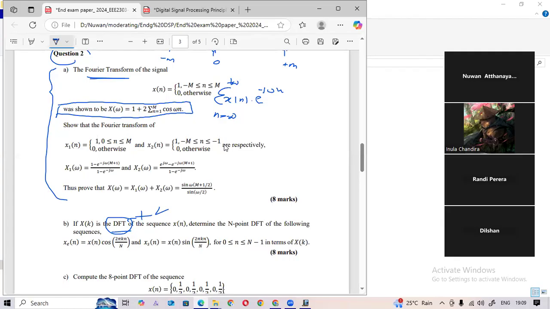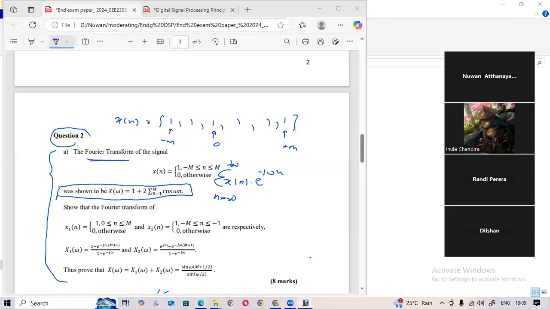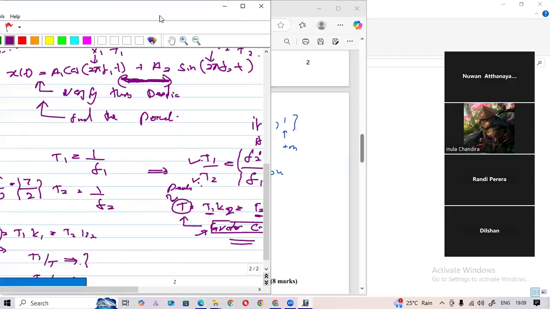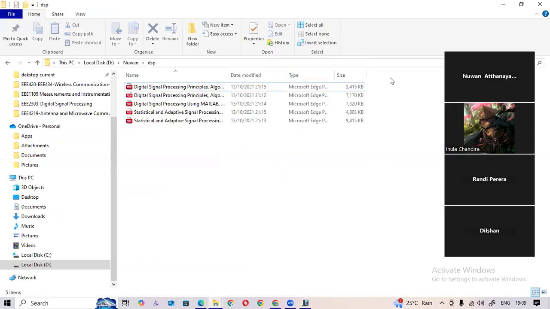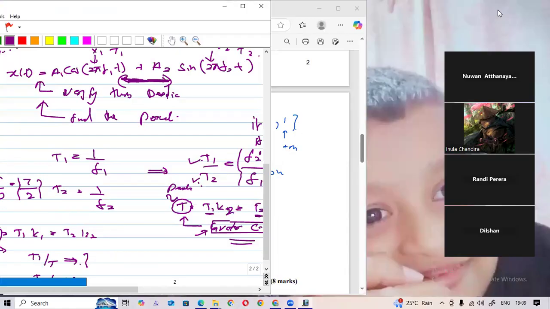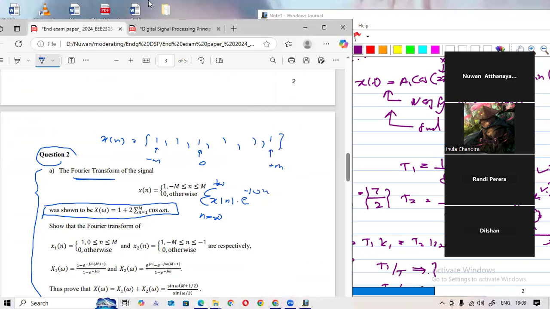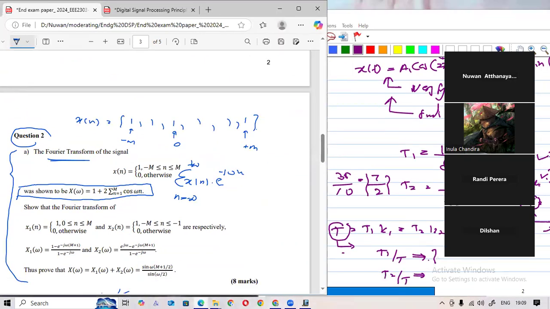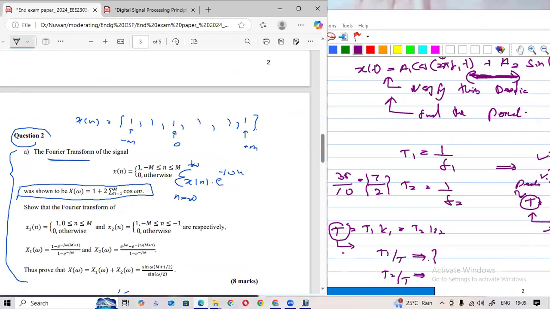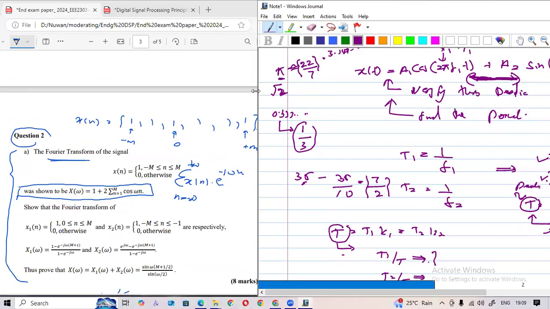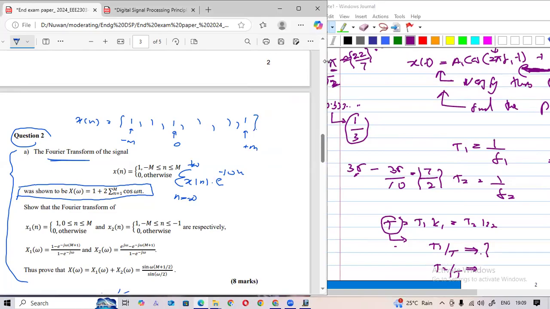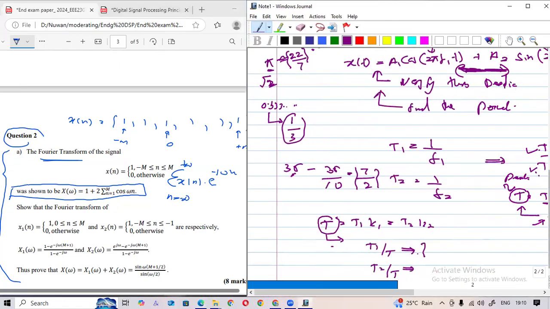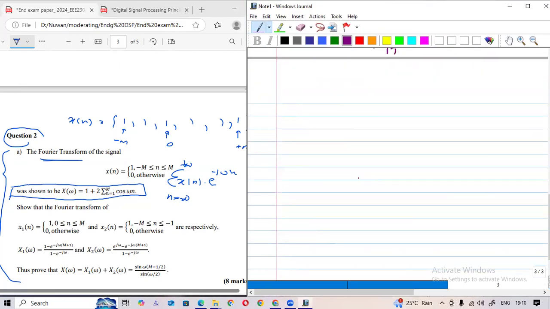If you apply this, it is somewhat like this.